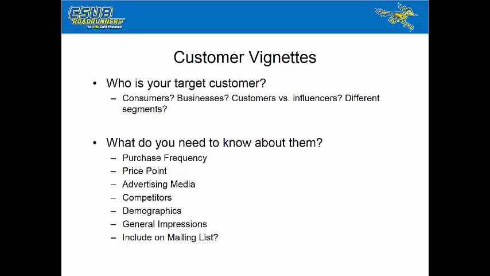That's an influencer. So if you have somebody who could tell a lot of other people about the business, you also want to get their information and profile, even if they're not a potential customer themselves.